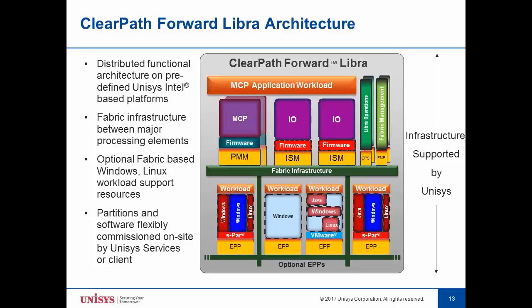But one of the important pieces to note here is that this is an infrastructure that's supported, again, by Unisys as a ClearPath system, whether it's MCP processing or the extended processing capability for Windows and Linux.